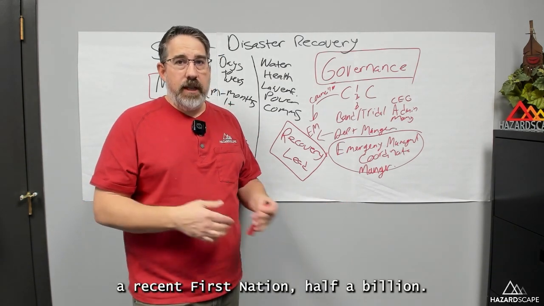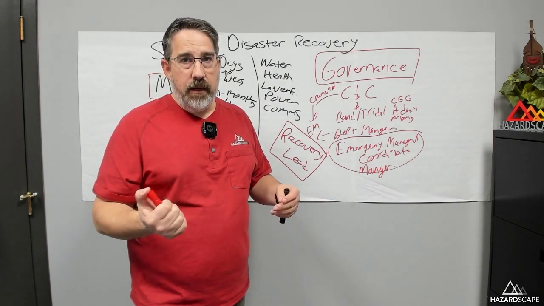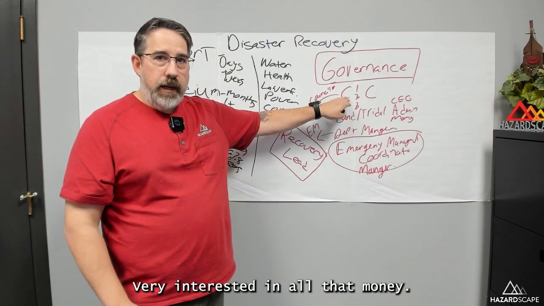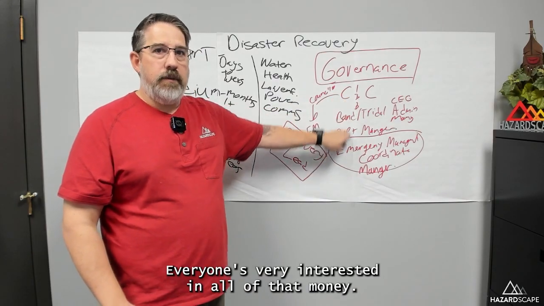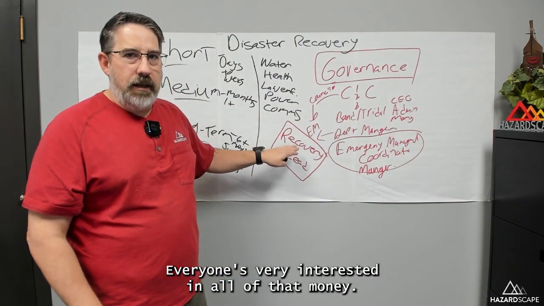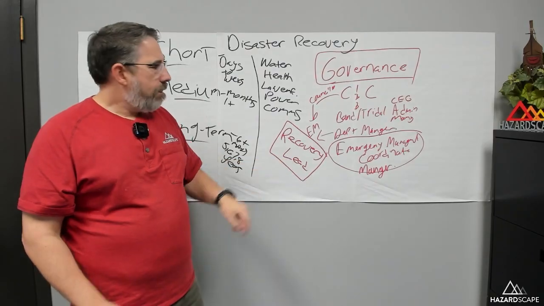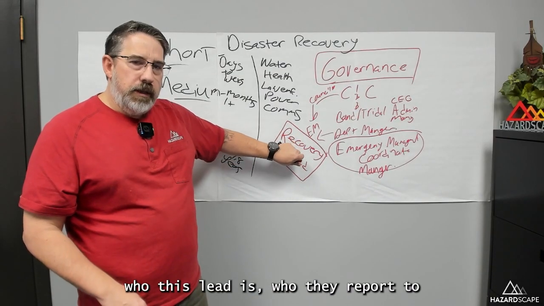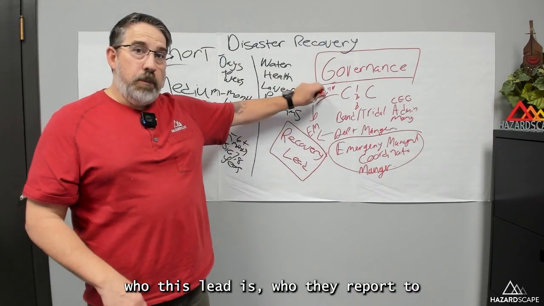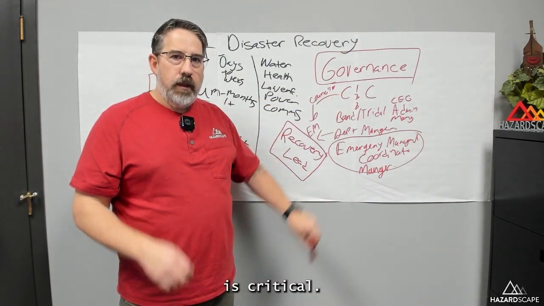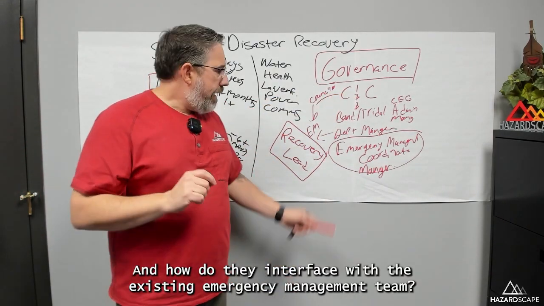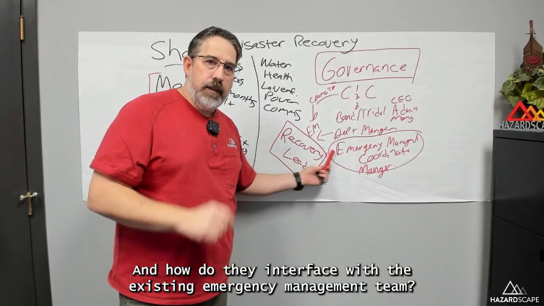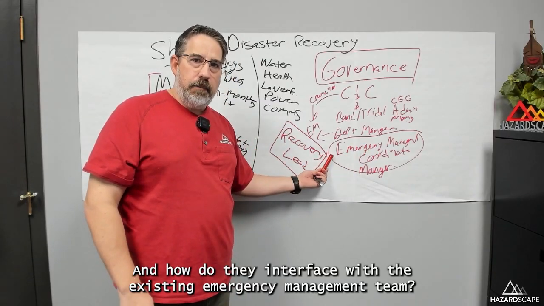A recent First Nation, $500 million. Very interested in all that money. Everyone's very interested in all of that money. So figuring out who this lead is, who they report to, is critical. And how do they interface with the existing emergency management team?